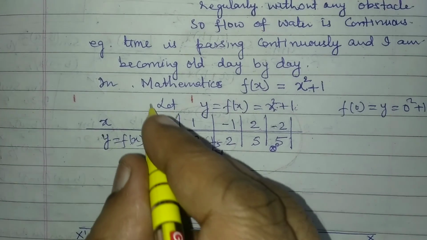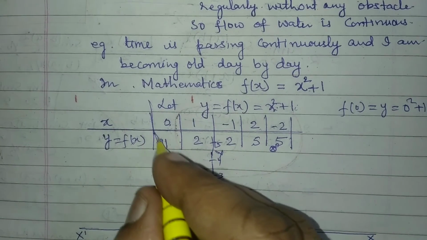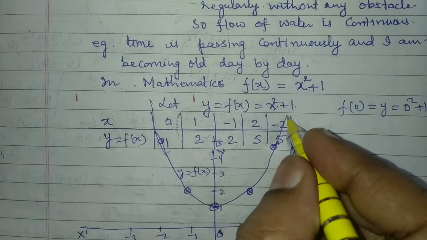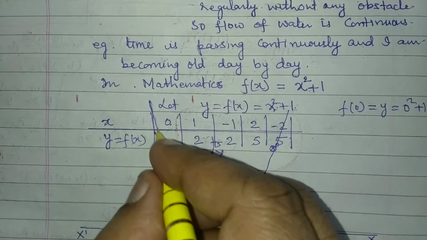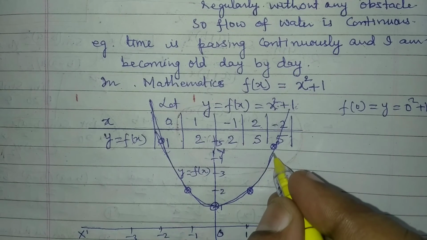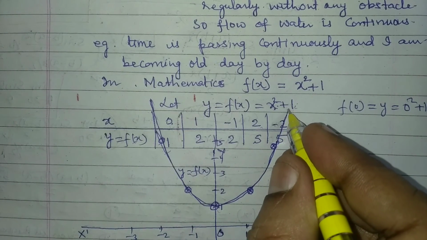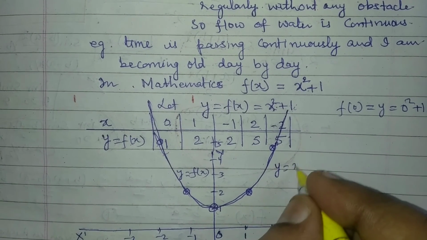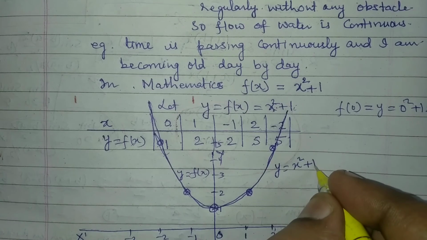So if we join these points, without lifting the tip of our pen or pencil, we can draw this graph y is equal to x square plus 1.